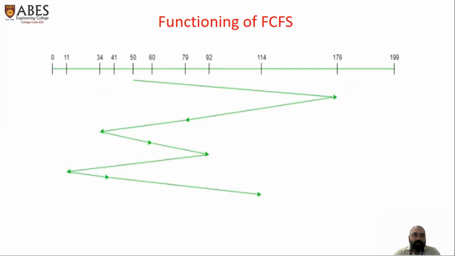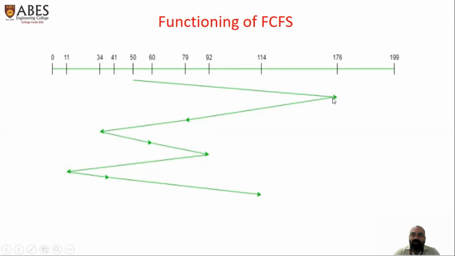Here is a chart which shows you the functioning of FCFS. The current head position is at 50. The logic of FCFS is that it services the requests in their arrival sequence. So after 50, the head will move toward 176.